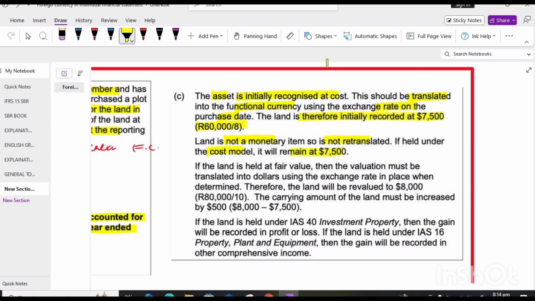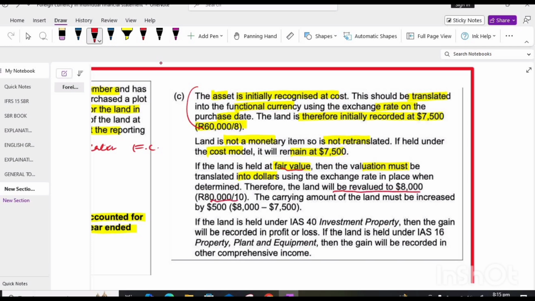so it should not be retranslated at the reporting date and should remain at this amount. Clear? Now, if the land was held at fair value, then the valuation must be translated into dollars. So initially, you will recognize this amount, and then the land should be retranslated at the reporting date when measured at fair value. So the land will be revalued to this amount. Why?